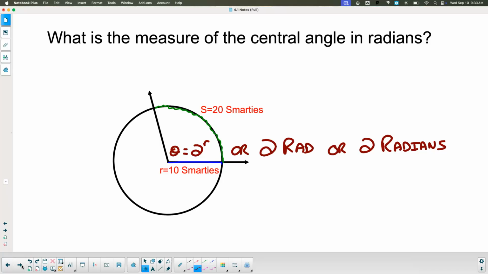I don't know if you're talking about degrees or radians. So we have to label our units, especially when we're dealing with just numbers. Later on, typically a radian measure is going to contain pi in it somehow. And if we see pi in it, we are going to assume we're dealing with radians. 2 doesn't have pi in it, so we have to label which it is.